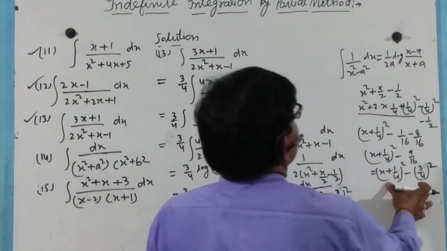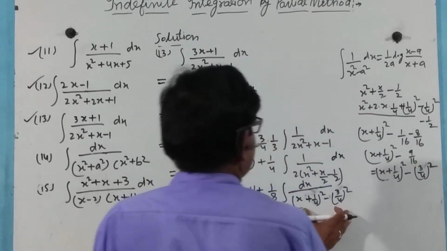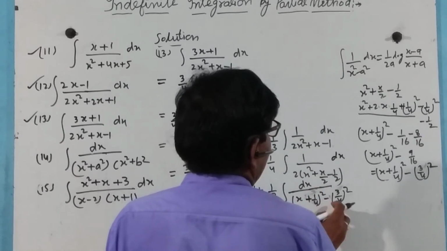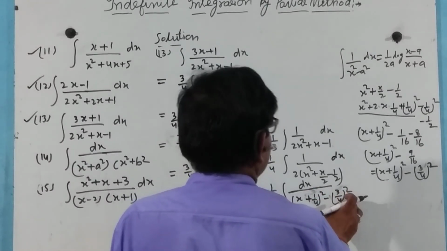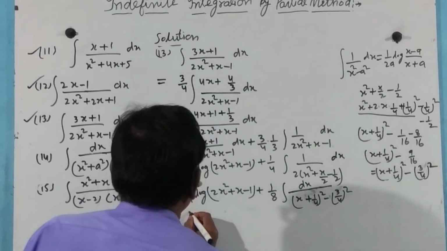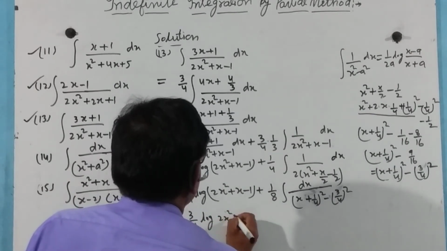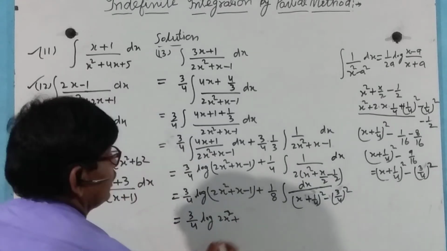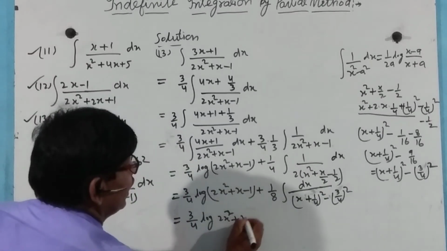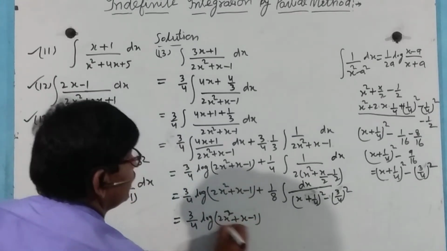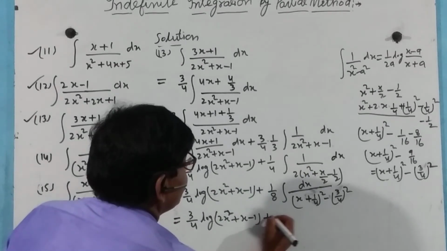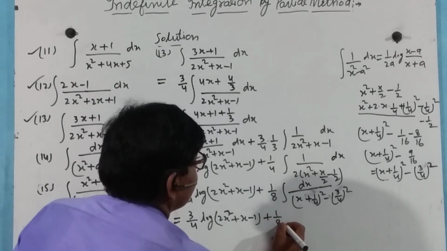So these terms can be written as (x plus 1 by 4) square minus (3 by 4) square. Now this is equal to 3 by 4 log (2x square plus x minus 1) plus 1 by 8 here.